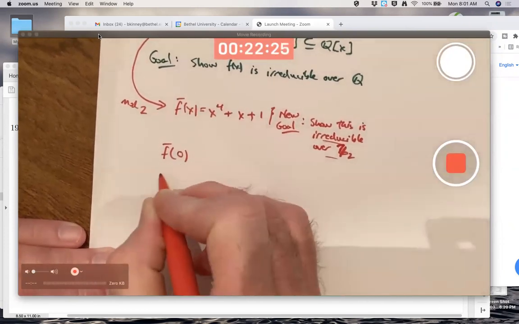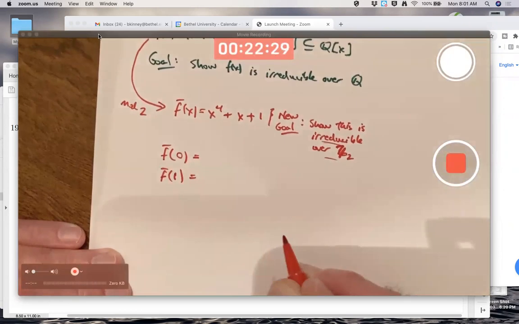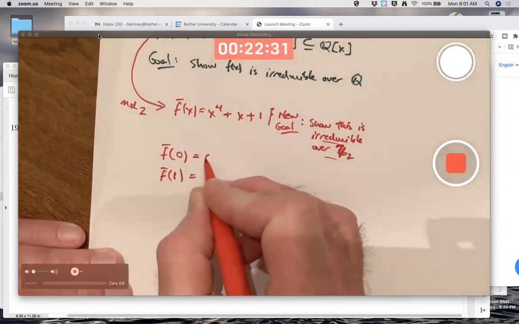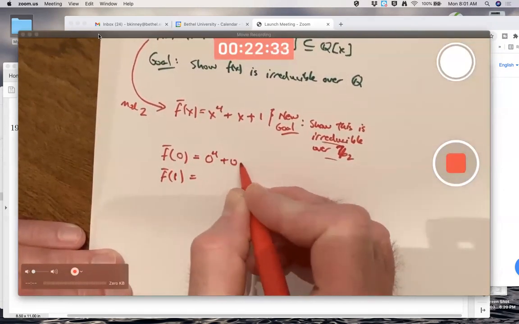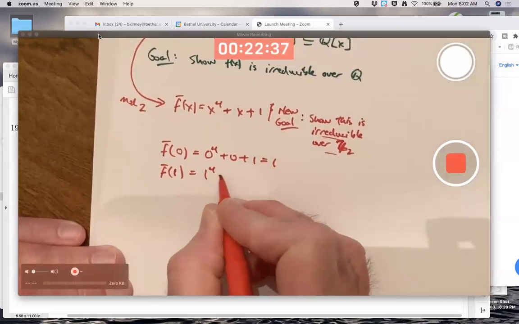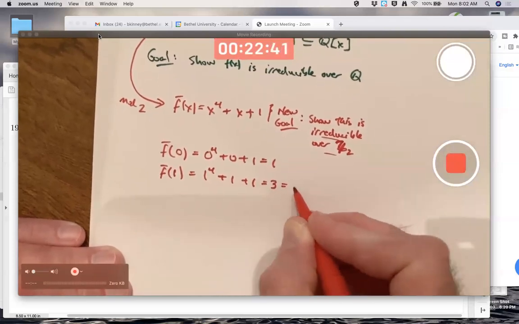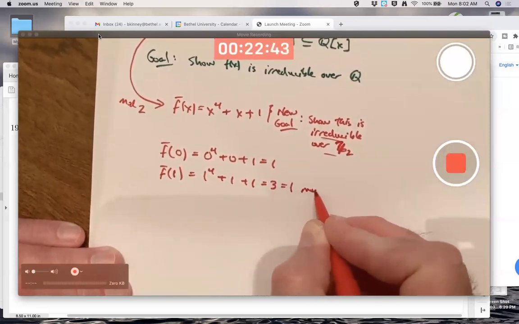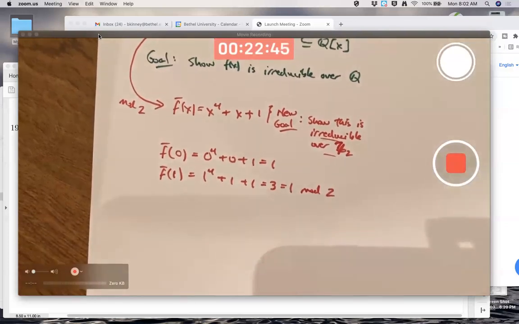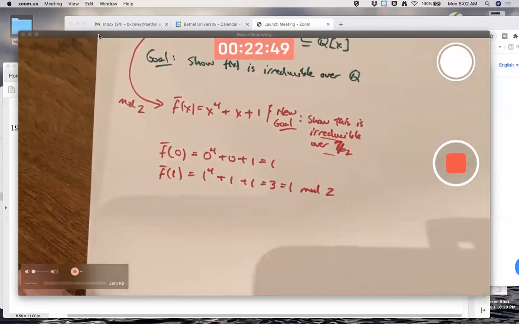So plug in 0, plug in 1. What we're hoping is we don't get 0. 0 to the 4th plus 0 plus 1 is 1. 1 to the 4th plus 1 plus 1 is 3, which is 1 mod 2. So that's good. We did not get 0.